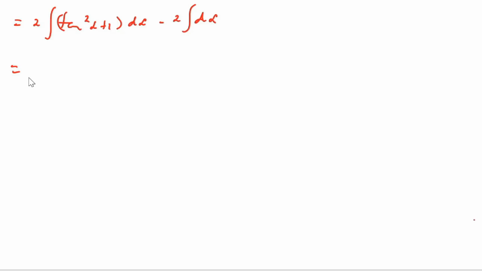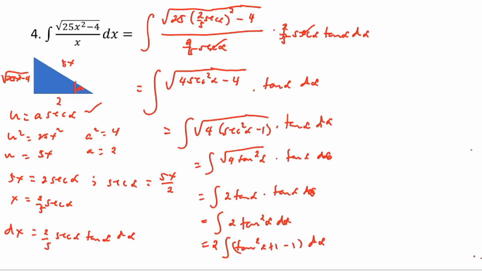So we can write as 2 times the integration of tangent squared alpha plus 1 is equivalent to tangent alpha minus 2 alpha plus a constant. And the meaning of tangent alpha can be defined in the right triangle. So tangent alpha means opposite over adjacent. So we can write as the square root of 25x squared minus 4 over 2.